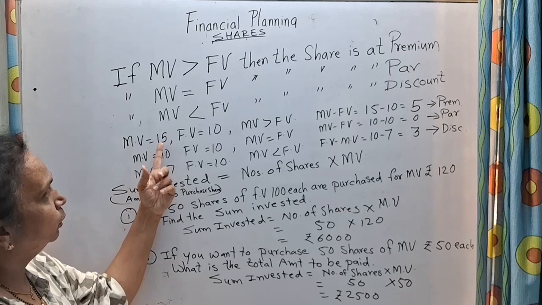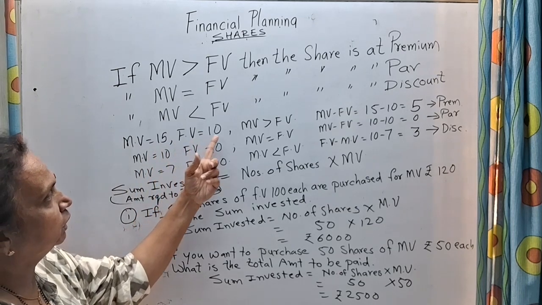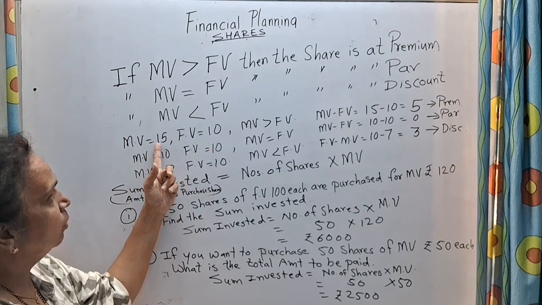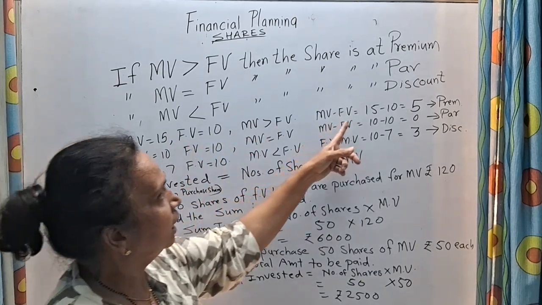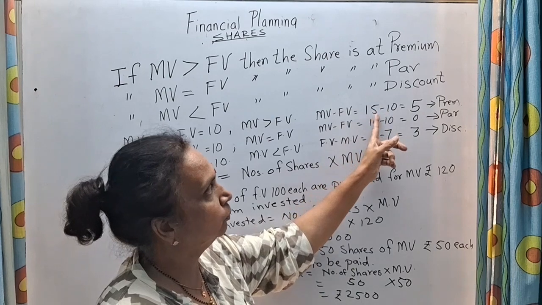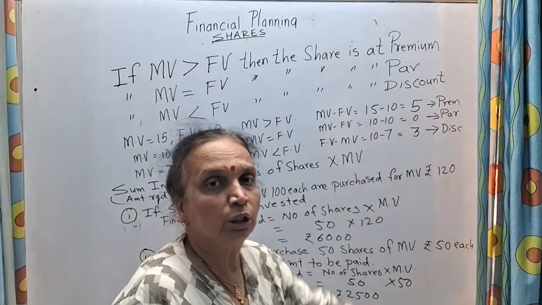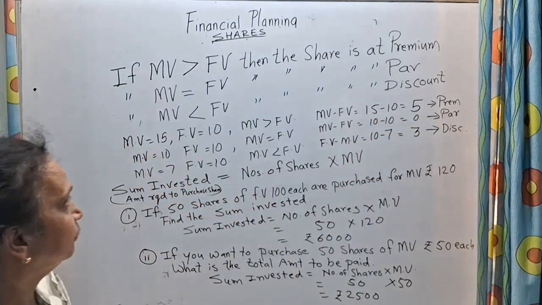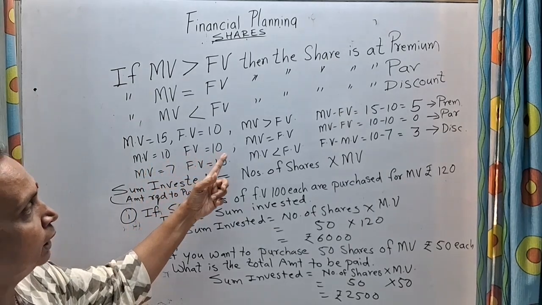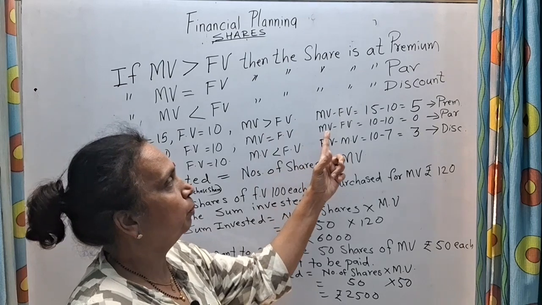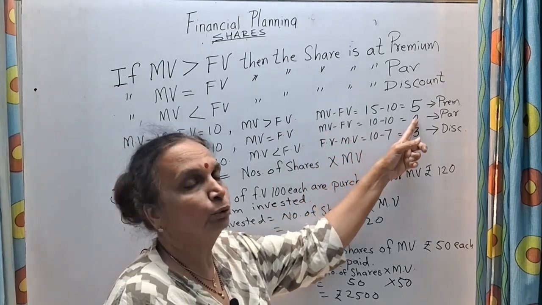Okay. Then suppose, for you to understand what it is, I have taken few examples. Market value is suppose 15 and face value is 10. So here the market value is greater than the face value, and therefore market value minus face value, that is 15 minus 10 is 5. So the share is at premium. Again, you are going to see if market value is 10 and face value is 10, means both are equal. So market value minus face value comes to 0.